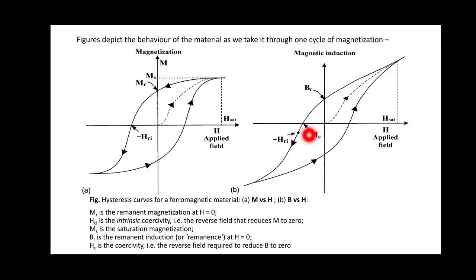This is the applied external field required to remove the magnetic induction, that is, to bring it to zero. It is not the same as the intrinsic coercive force. This field is less than the coercive field. This is a misconception which I will cover, because although every book assumes both values are the same, some books do cover it.